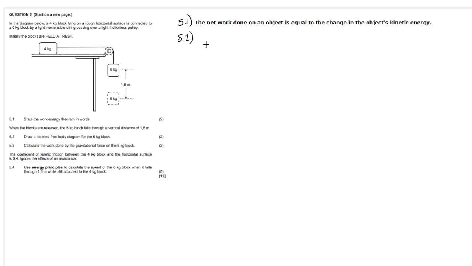Let's have a look. 5.2, draw a labeled free body diagram of the 6 kilogram block. Right, the 6 kilogram block has 2 forces acting on it, I believe. One acting upwards, one acting downwards. The one acting upwards is the tension in the string. The one acting downwards is the force of gravity or the weight.